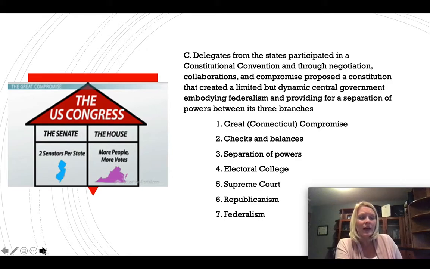And then finally, the idea of federalism. And federalism is this shared power. It's where power is divided between the state and federal governments. And this is really important because in some instances we see a strong central government, and in some instances we see a strong state government. Right now we're talking about that.